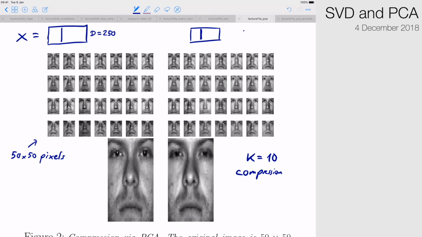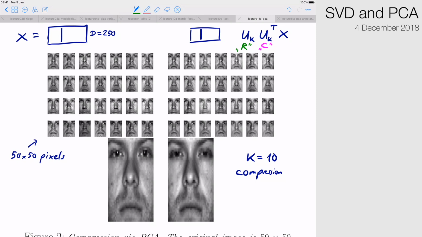So remember, reconstruct after compress. The first one is the compression, and then the second one is the reconstruction. You can use a linear map to go back to the image space.